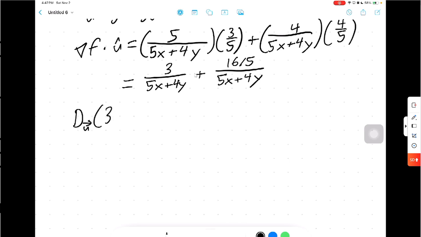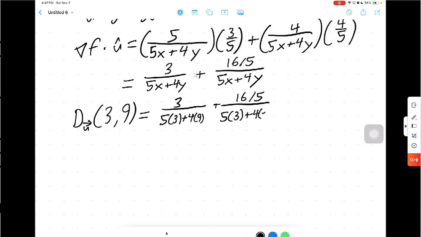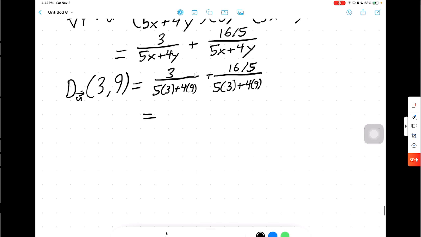And then evaluate it at 3, 9. 3 over 5 times 3 plus 4 times 9, plus 4 times 9 again. 15 plus 36, that is going to be 51.